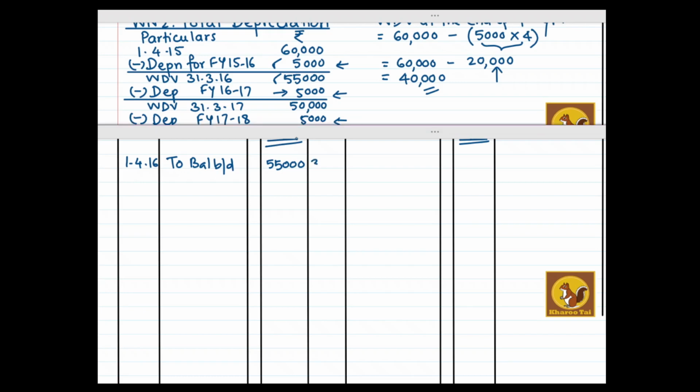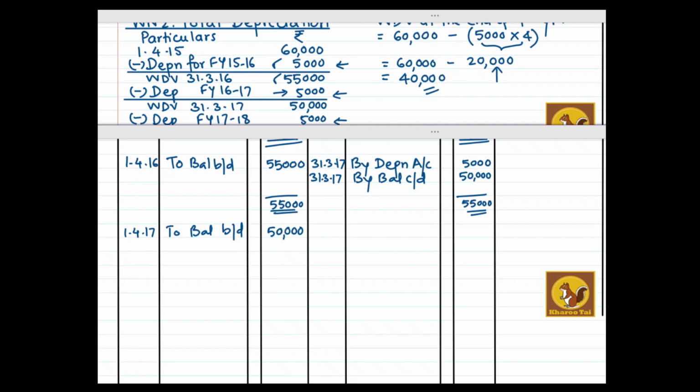So at the year end 31/3/16 by depreciation account 5,000, and we will close the books 55,000, 55,000, and at the year end closing by balance close down, this will be 50,000, right? 55 minus 5 is 50,000, and we will carry forward this amount on the next day 1/4/16 to balance brought down 50,000. Correct? 5,000 and 50,000.